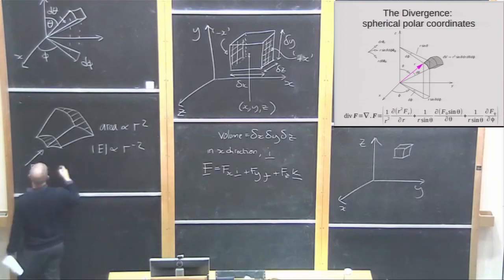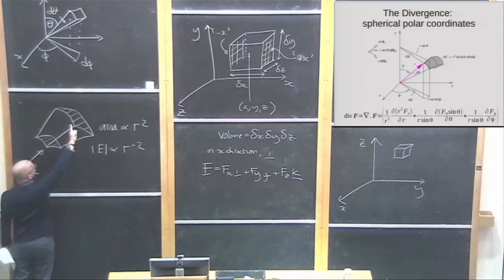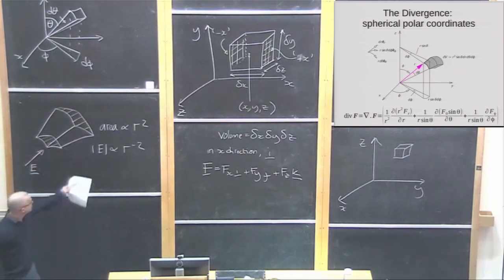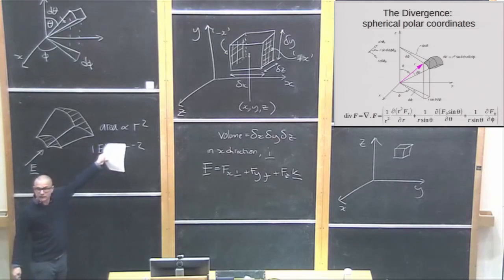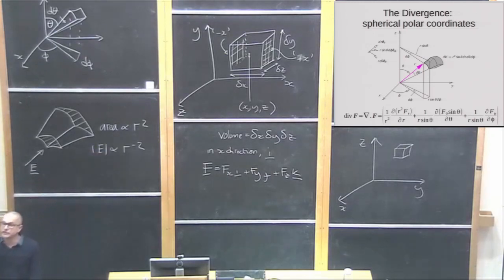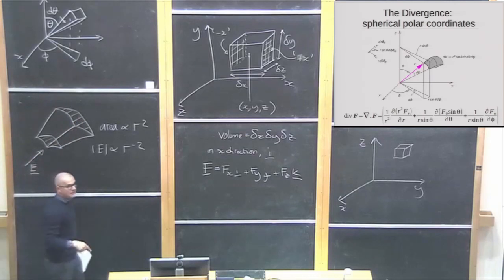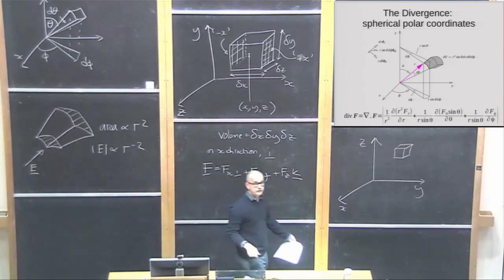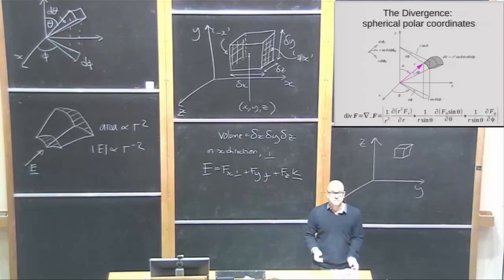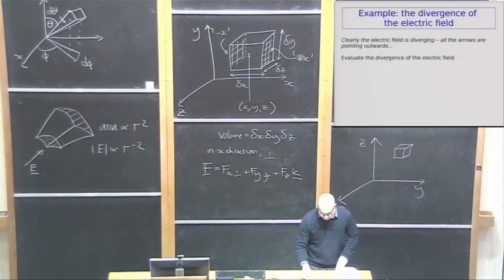So if you go out some small increment in r, then your surface through which your electric field is flowing has increased by r squared, but the strength of the field has decreased by 1 over r squared, which is why you have exactly as much electric field flowing in here as you have flowing out there, and the net amount of field flowing in and out of this volume is 0. So that is the reason why the divergence of the electric field is 0.